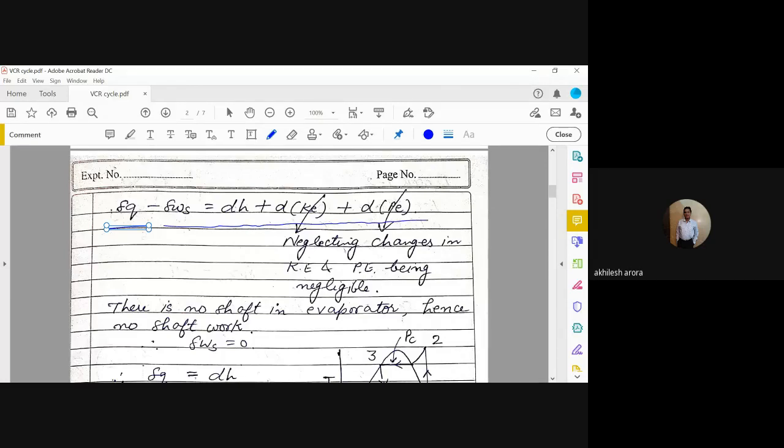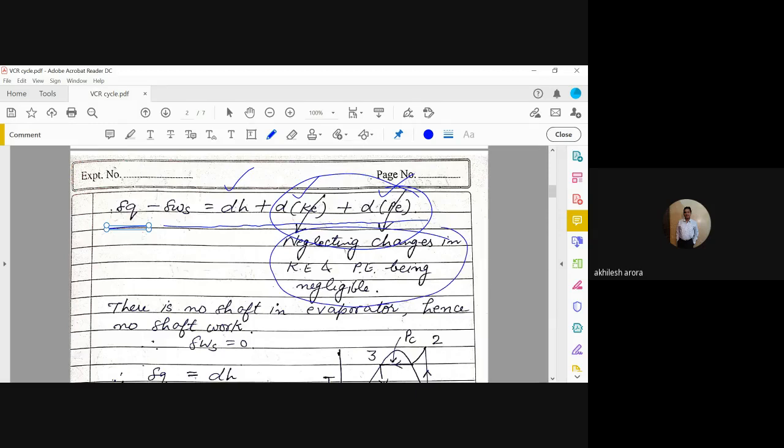Delta Q is the heat transfer, delta Ws is the shaft work, dH is the change in enthalpy, dKE is the change in the kinetic energy, and dPE is the change in the potential energy. Now, if we consider the evaporator, there is not going to be much change in the kinetic energy and potential energy. So we can neglect these two terms, the kinetic and potential energy changes being negligible.